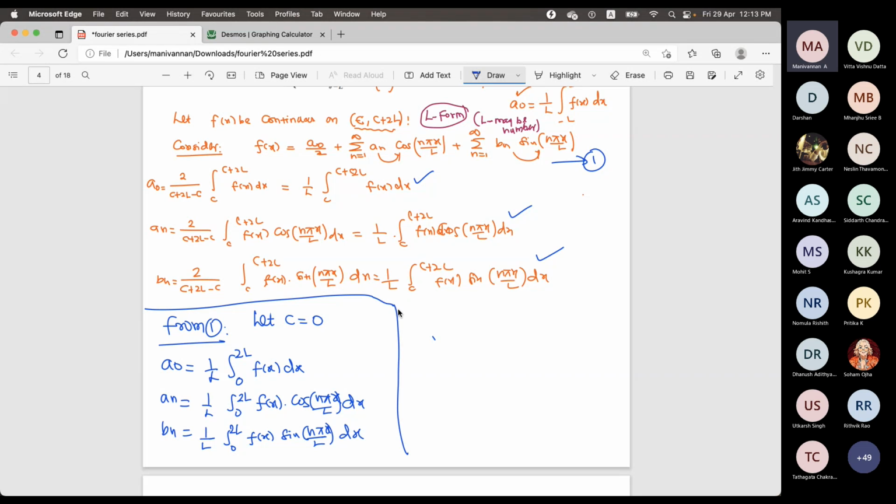Again from 1, let c equal to minus L. What is b_n, can you tell me?